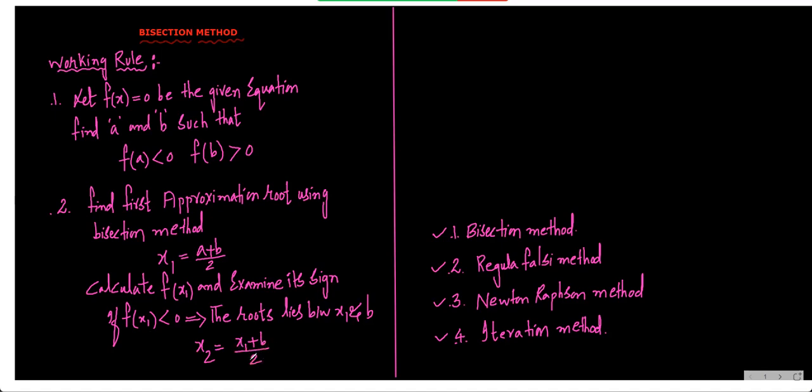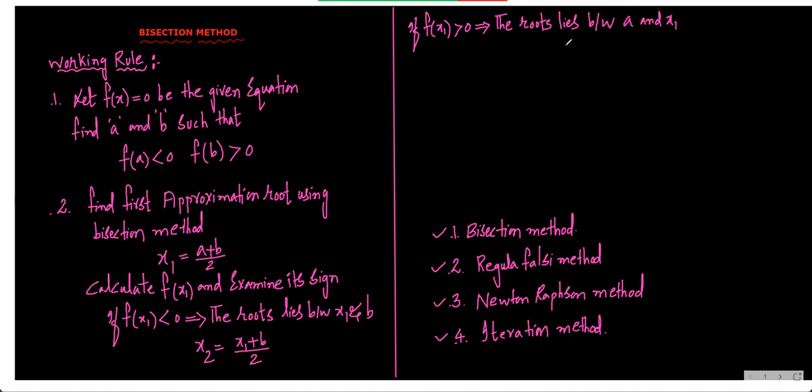And there is a possibility that f of x1, the first approximate value, is greater than 0, which means the root lies between A and x1.